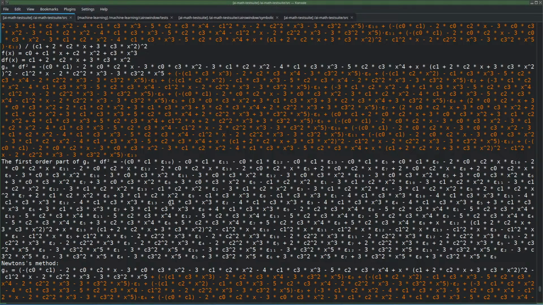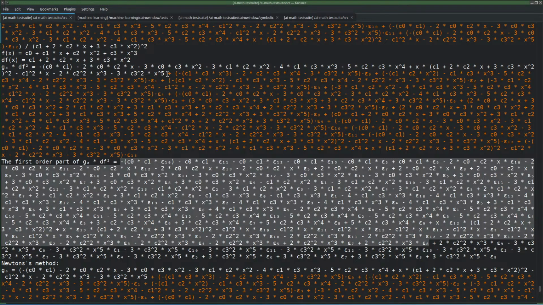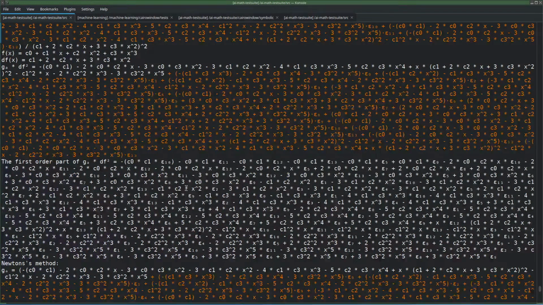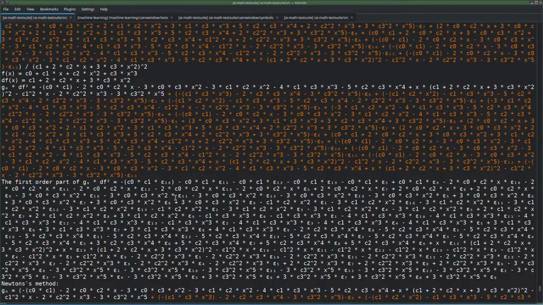Yeah, well, at some point you just have to trust in the code, I guess. But this should be equal to the orange part here, except it is completely rearranged.